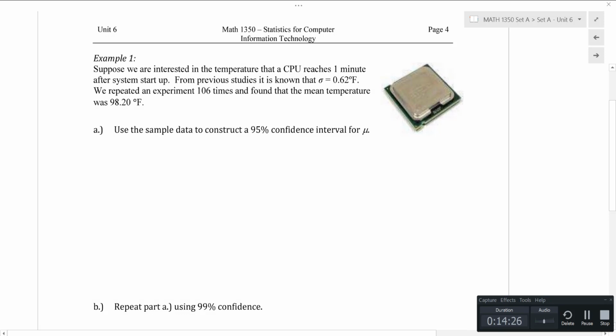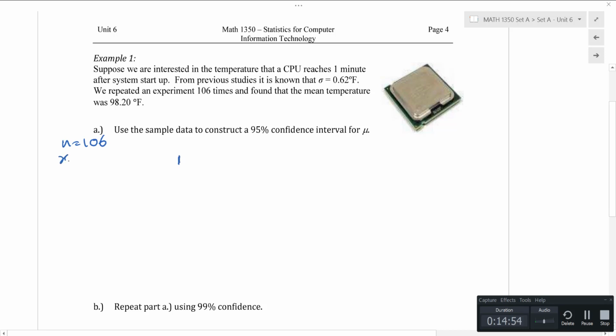Let's suppose we're interested in the temperature a CPU reaches after a minute from system start. Perhaps we know from a previous study the standard deviation for the machines we're using. And let's say for us, we do an experiment and we repeat it 106 times. So we do the experiment 106 times, that's our n.